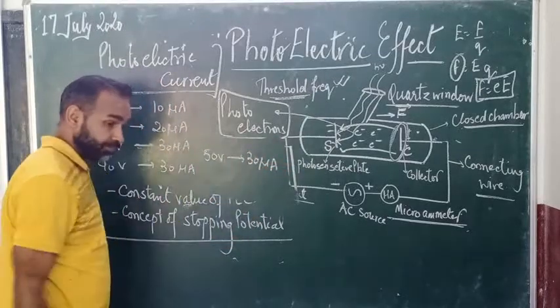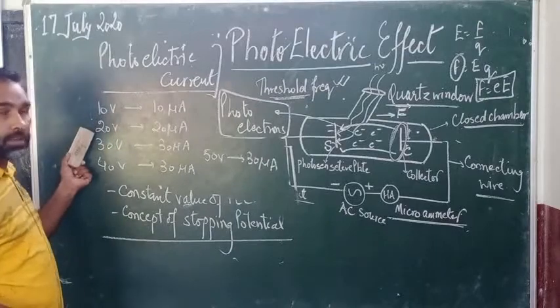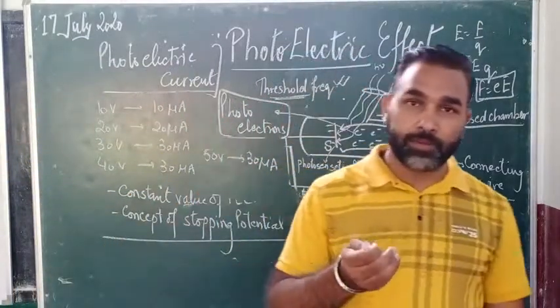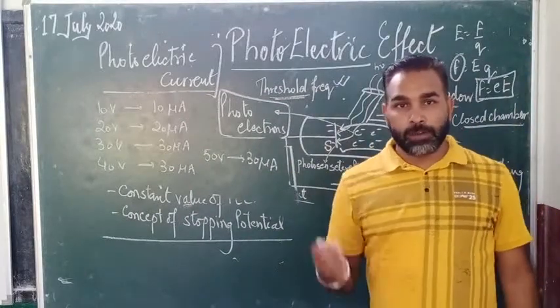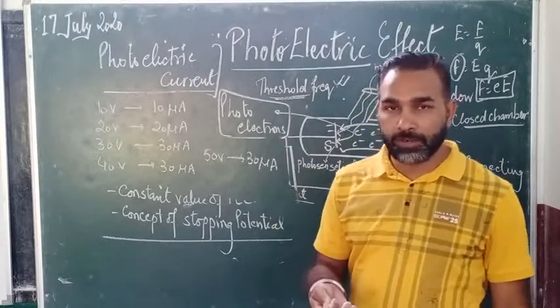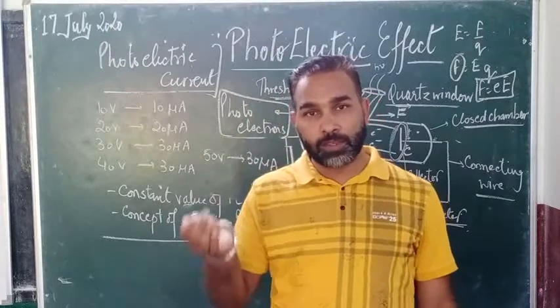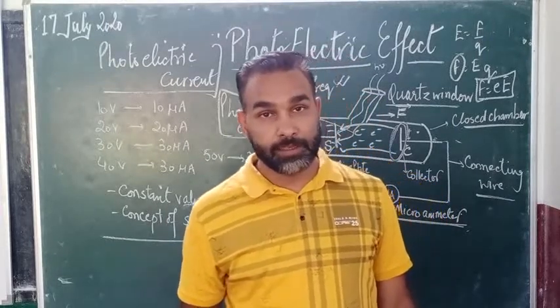Now you can see why there is an increase in the current. As soon as the light falls and we increase the voltage, more and more electrons will be emitted out. So more and more electrons will circulate in the circuit. So that will increase the current, the photoelectric current.